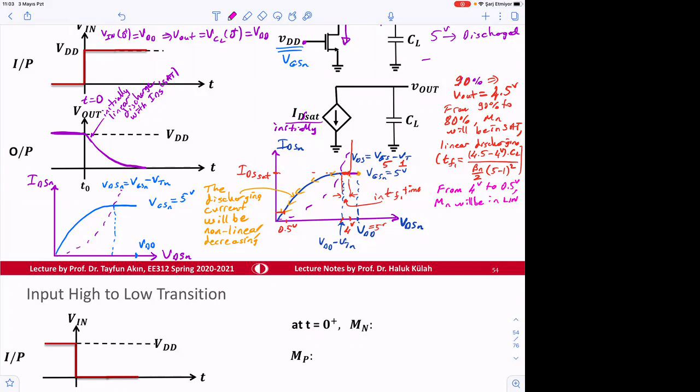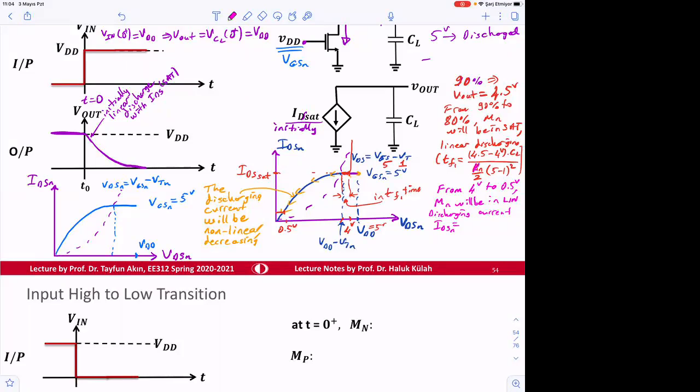The discharging current IDS of N will be equal to, what is beta?